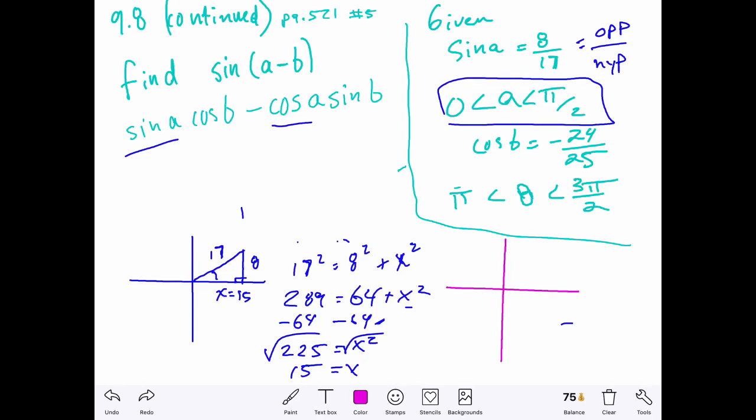Well, it tells me it's negative 24/25, which is again adjacent over hypotenuse. And it tells me also this information that B is greater than pi, and remember here's pi, and it's less than 3 pi halves, so that's in my third quadrant. Okay.